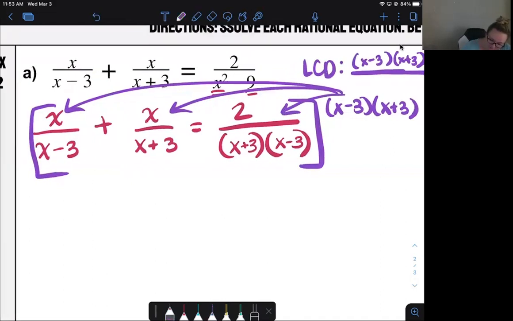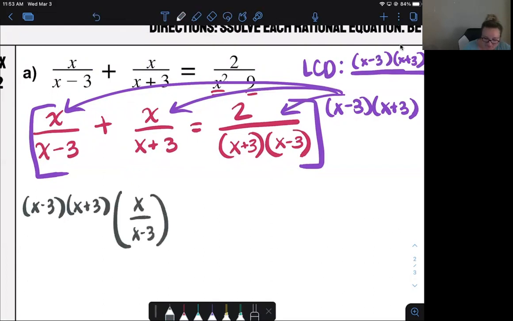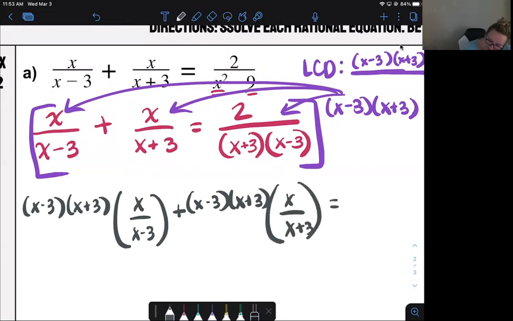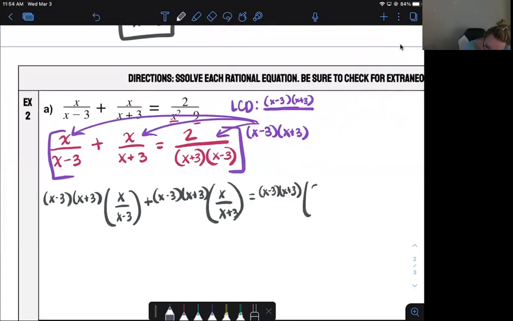You're going to have x minus 3 times x plus 3 times x over x minus 3 plus x minus 3 times x plus 3 times x over x plus 3 is equal to, and then you're going to have x minus 3 times x plus 3 times 2 over x plus 3 times x minus 3.